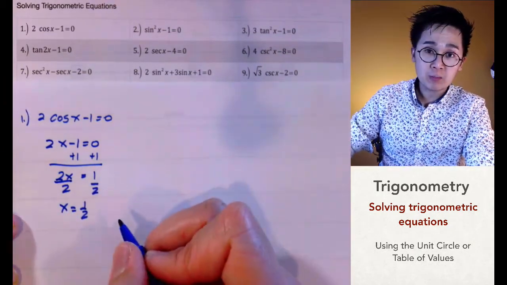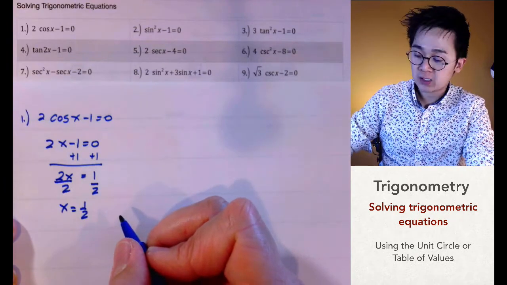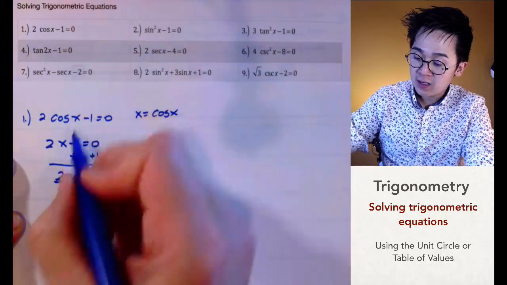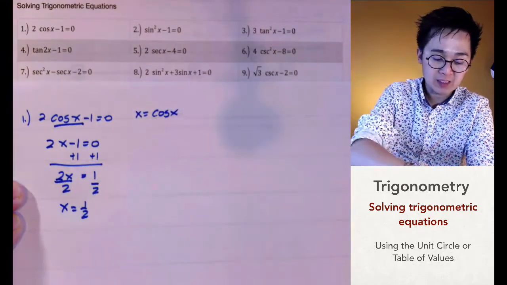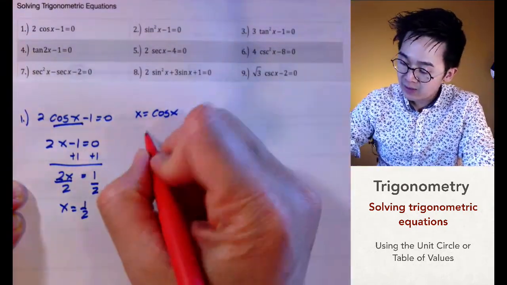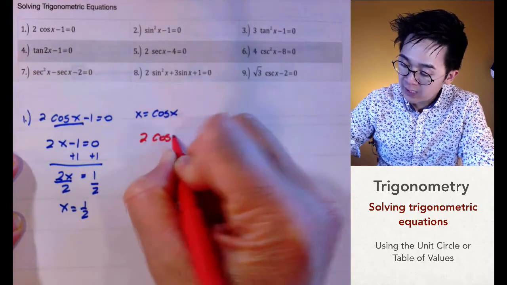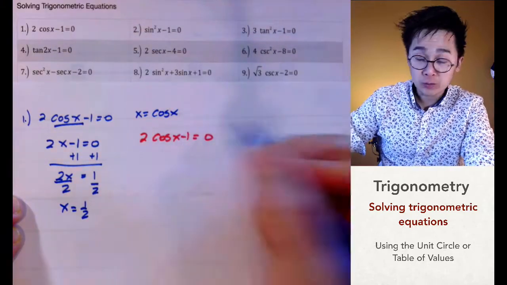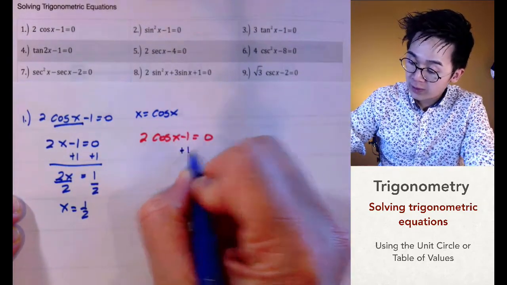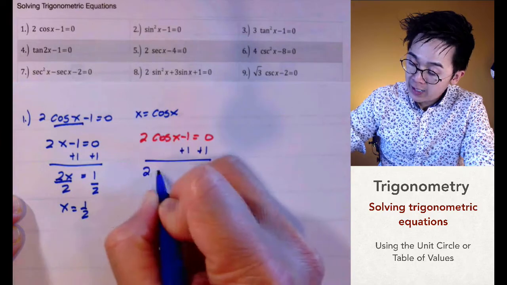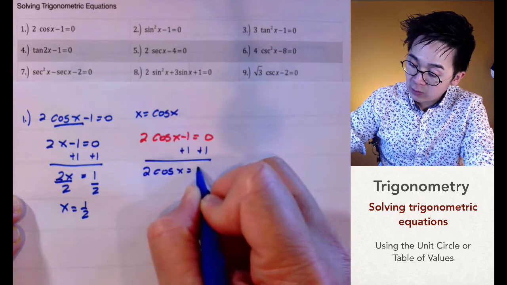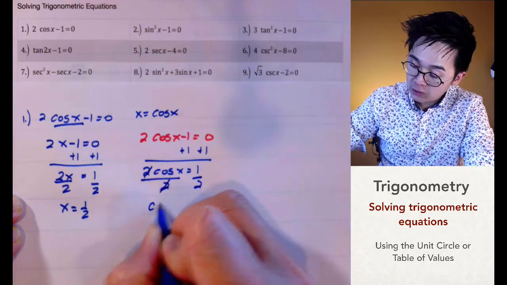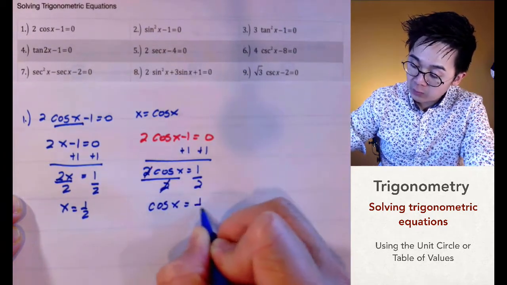And the same principle applies in working with trig equations. So since x is replaced by cosine x, we're basically solving for cosine x in this equation. So 2 cosine x minus 1 equals 0. Solving for cosine x, we add 1 on both sides and have 2 cosine x equals 1, and we divide both sides by 2 so that we have cosine x by itself, which is equal to 1/2.